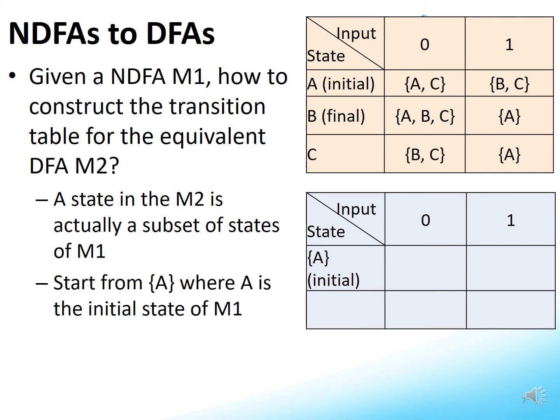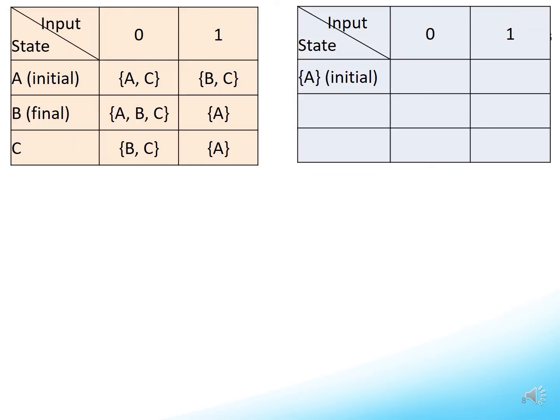When the machine M2 starts, it will be in a state which is a subset containing only state A. So, this is the state transition diagram for M2. At the very beginning, it is in state A. So, in state A, seeing a symbol 0, where should the machine M2 go?